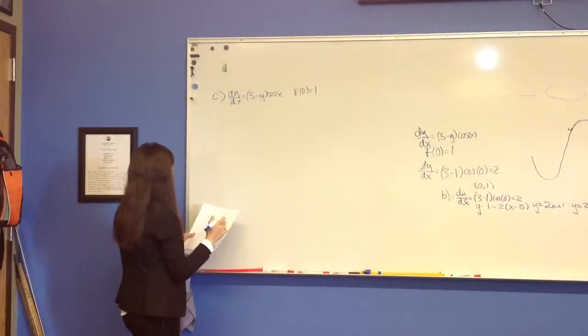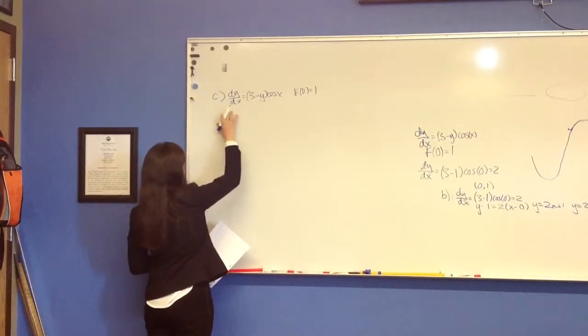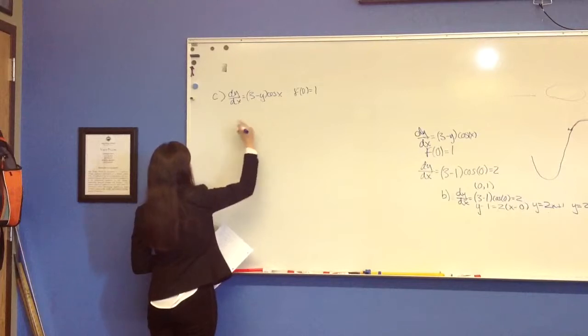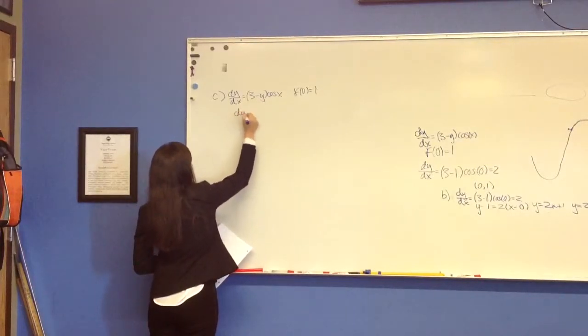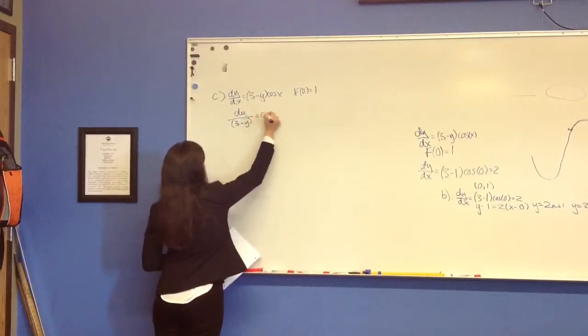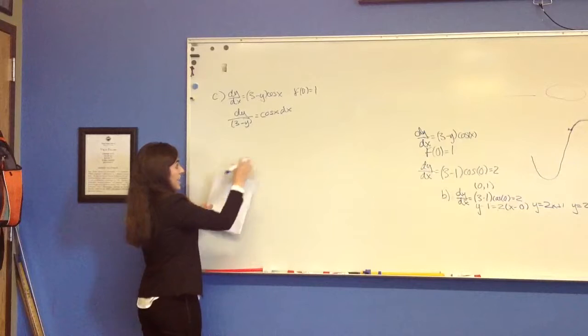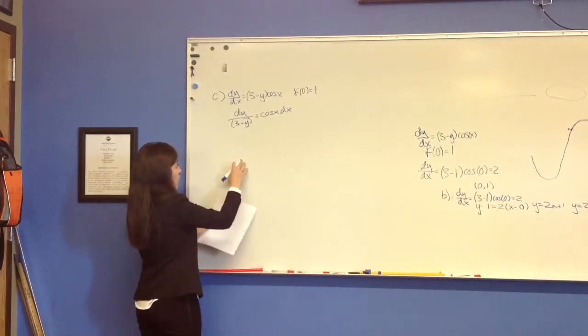So we're going to move 3 minus y to this side and dx to this side. So we eventually get dy over 3 minus y is equal to cosine of x dx. Then you want to take the integral.